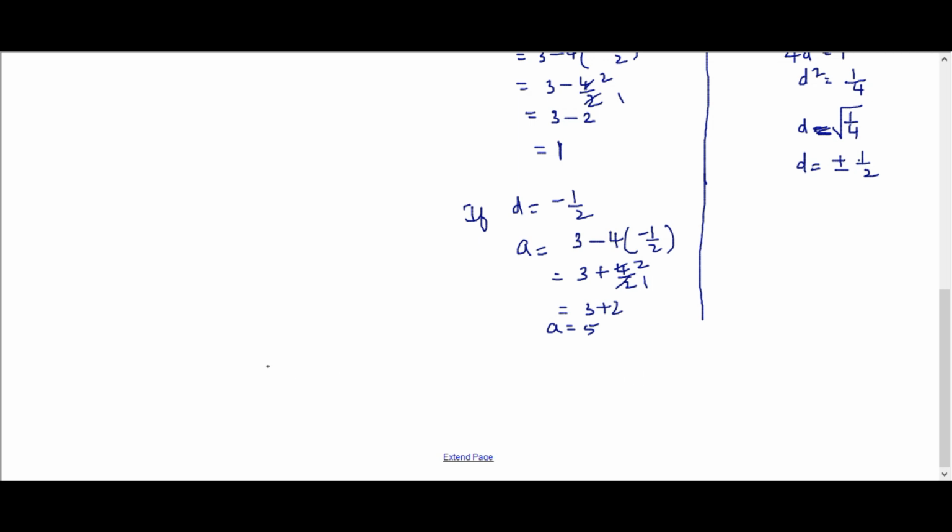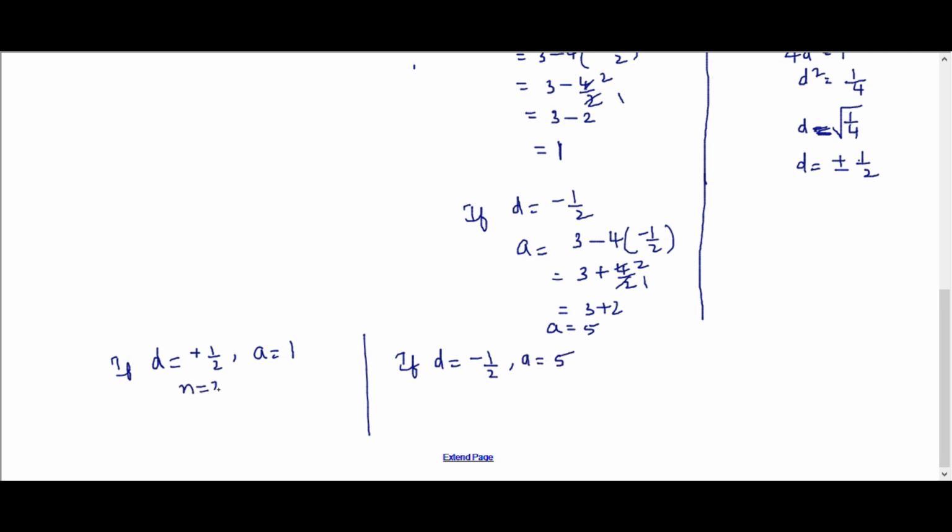Yes. So if at all I consider, okay, I'll use this space here. If d is plus 1 by 2, then a is how much? 1. If d is minus 1 by 2, a will be how much? 5.